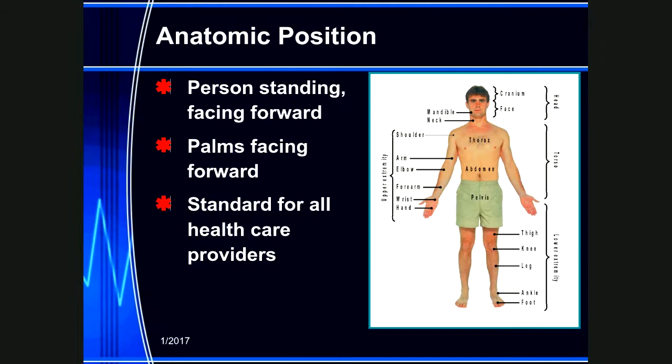The anatomical position that we use with every patient is the person standing, facing forward, palms facing forward, and this is a standard for all healthcare providers. So we need a good understanding of the anatomic position: person standing, facing forward, palms facing forward, standard for all healthcare providers across the world.